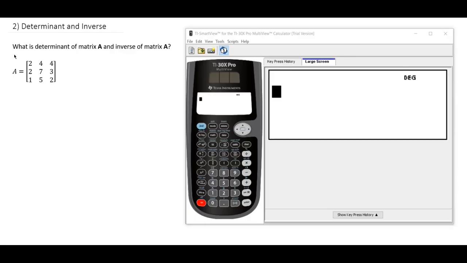For the second problem, we have what is the determinant of matrix A and the inverse of matrix A. And here's our matrix A. So like the first problem, I'm going to input the values into the calculator.